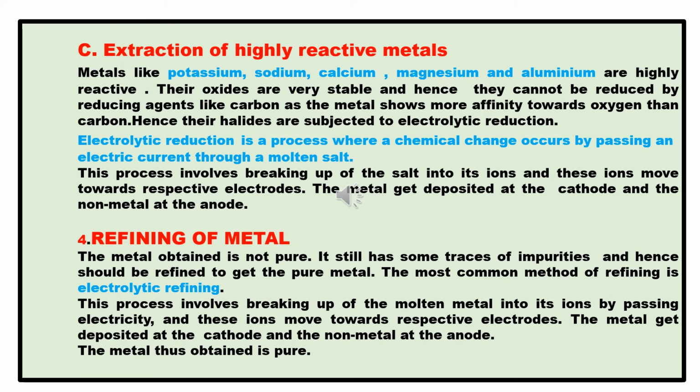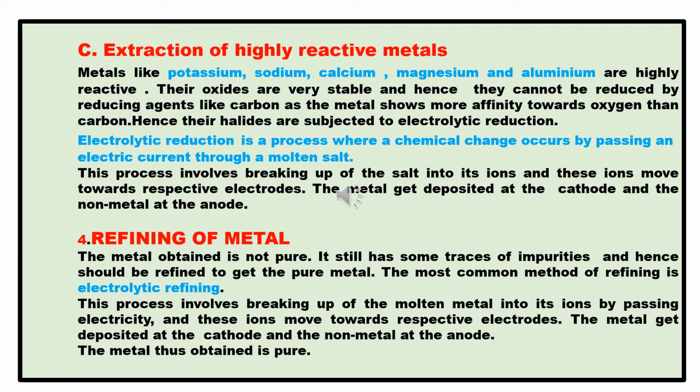So what is electrolytic reduction? It is a process where a chemical change occurs by passing an electric current through a molten salt, that means molten ore, and the process involves breaking up of the ore into its ions, and these ions move towards the electrodes and get deposited.